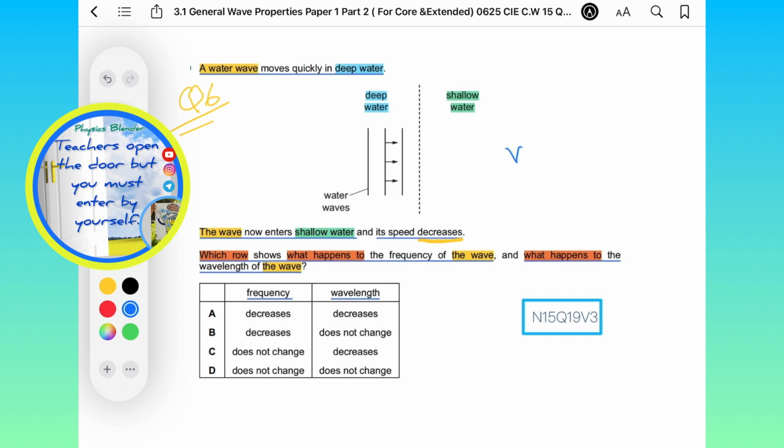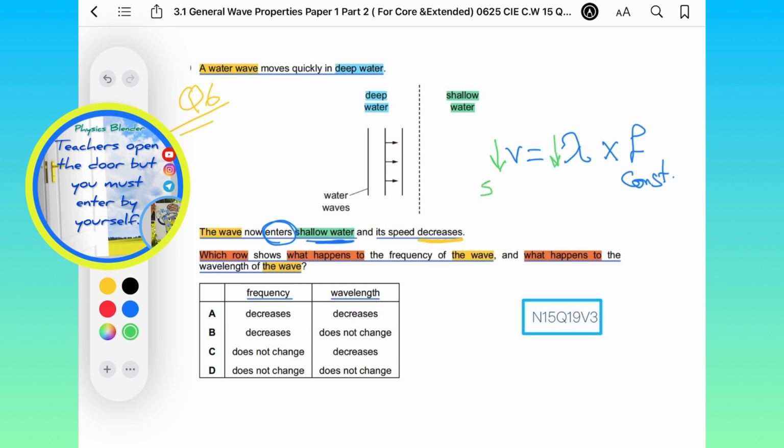You have here v equals wavelength times frequency. We said frequency is constant. As the wave enters shallow water, the frequency is constant, the speed is slower, and the wavelength is shorter.